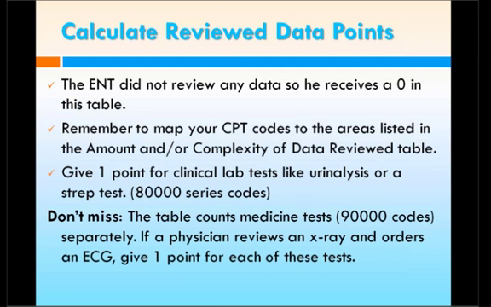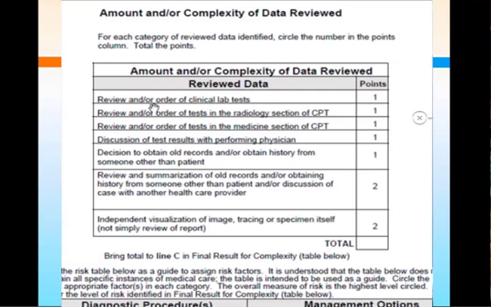Remember to map your CPT codes to the areas listed in the amount and/or complexity of data reviewed box. So when you're looking at our audit tool, you want to make sure that you have some kind of cheat sheet that you create, or right on here if this is the audit tool that you use, that you map out what the review and/or order of tests in the radiology section of CPT, medicine section, and clinical lab tests, which codes these map to.